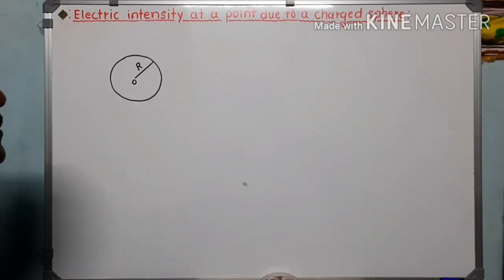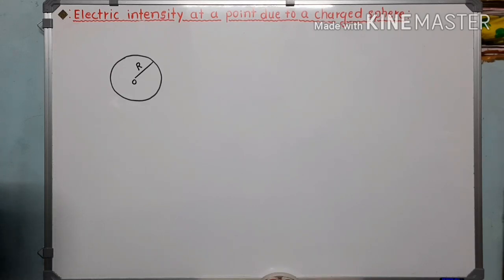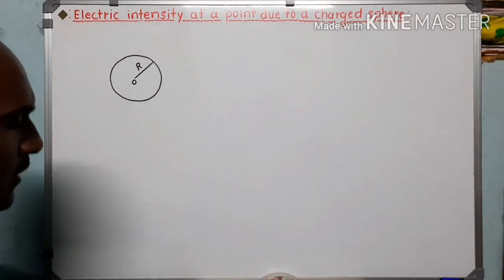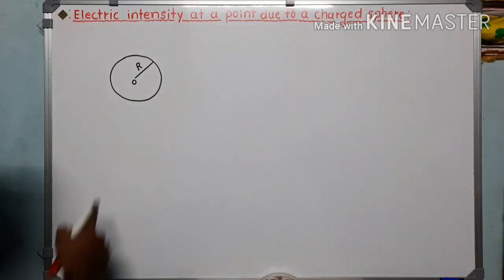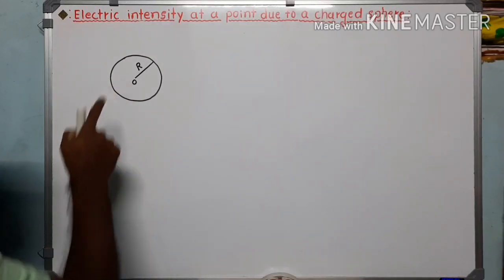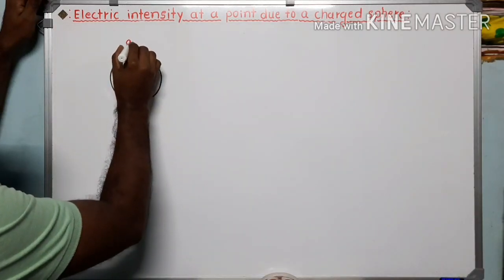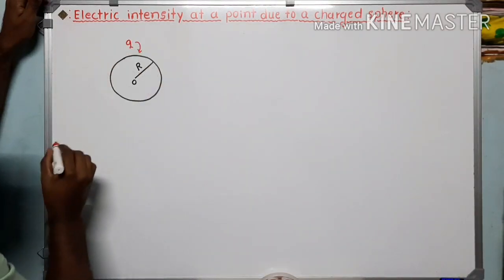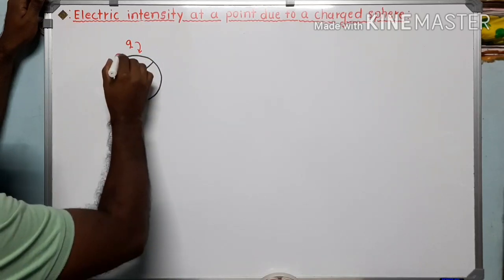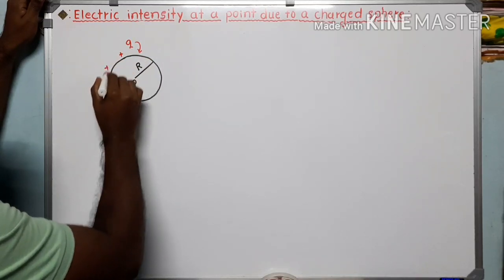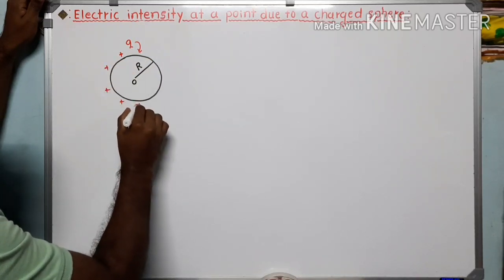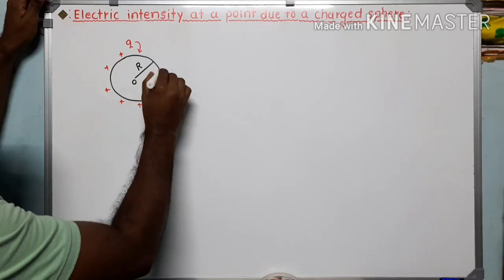Okay, my dear students, here I am going to derive the expression for electric intensity at a point due to a charged sphere using Gauss theorem. Here I have considered a sphere of radius capital R with center O. Now I will give Q amount of charge to this sphere. Then this Q amount of charge distributes uniformly over the outer surface of the sphere.